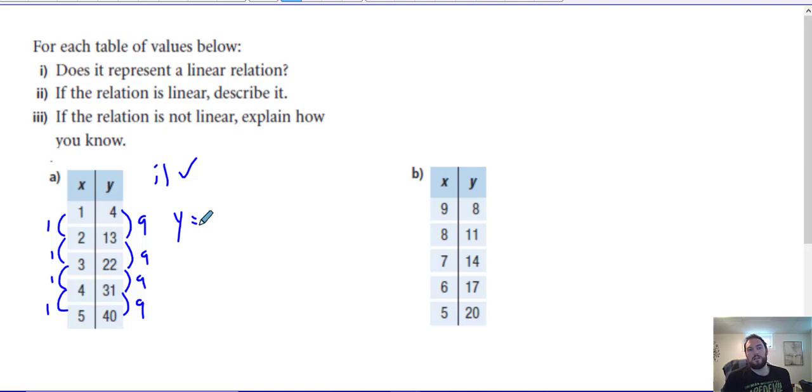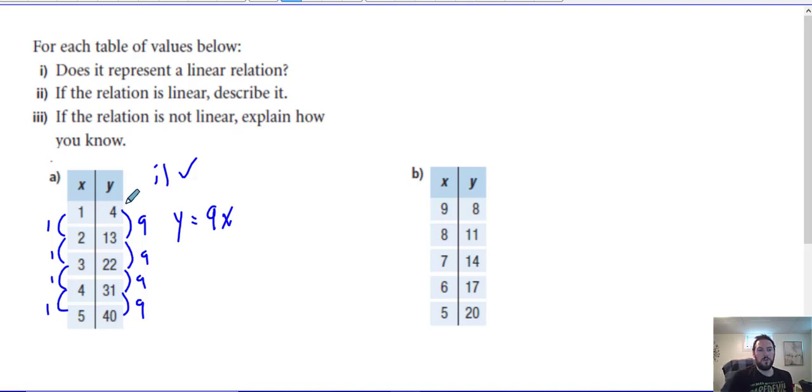We're adding 9 to this thing. So I can start there. I can say, well, that is the repeated addition. So every time I add another x, I add another group of 9. So it's 9x, because that's what I'm changing by. But then I need to figure out how I'm going to make these numbers actually happen. Because if nothing else, right now, if I threw a 1 in for x, I would get y is 9. But I'm supposed to get y is 4.